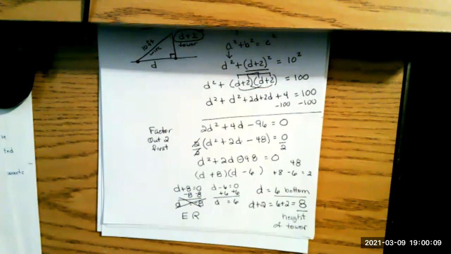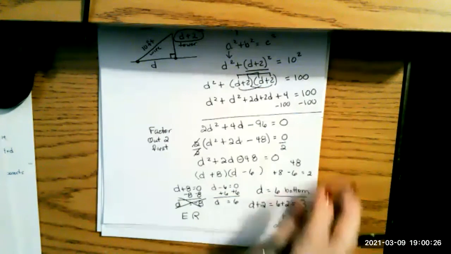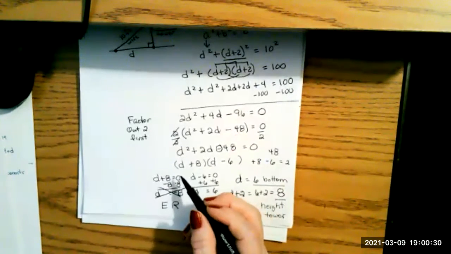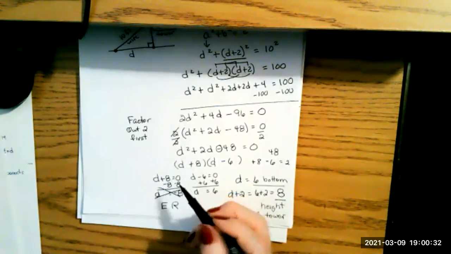Student: When you divided out the 2, can we do that with future problems as well, or does it just depend on the problem? It depends on the problem. I've never seen it before. That's why I did this one tonight, because I bet they've not seen that you can factor out a common factor.